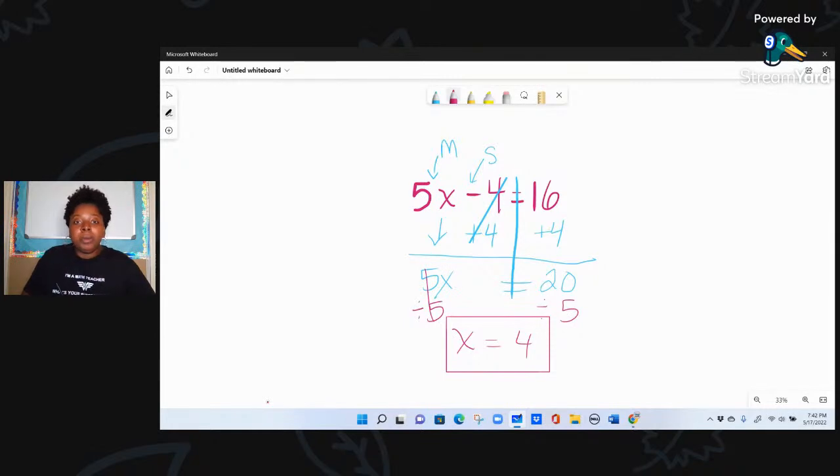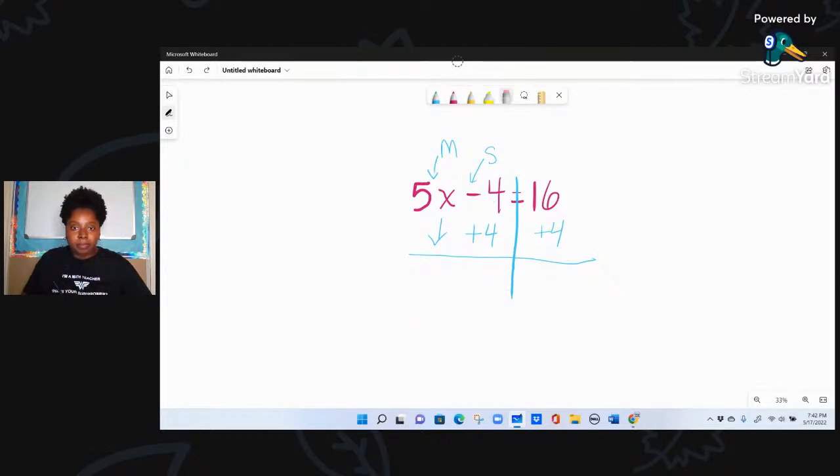Okay, let me slow down a little bit. Let me go backwards. I'm going to teach you something called the do and undo chart, because I think that's going to help you. It usually helps most of my students understand it.